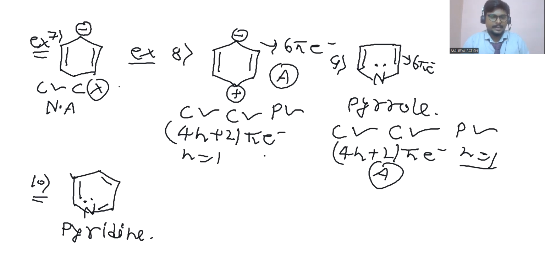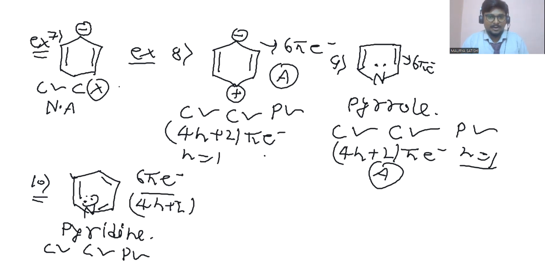So if you see pi, sigma, pi, this lone pair does not participate in conjugation. Why? Because pi, sigma, pi is already present. So this lone pair does not participate in conjugation. So obviously 6 pi electrons are there. So cyclic conjugation is also there. Planarity is also, it satisfies 4n plus 2 pi electrons. So obviously it is aromatic.